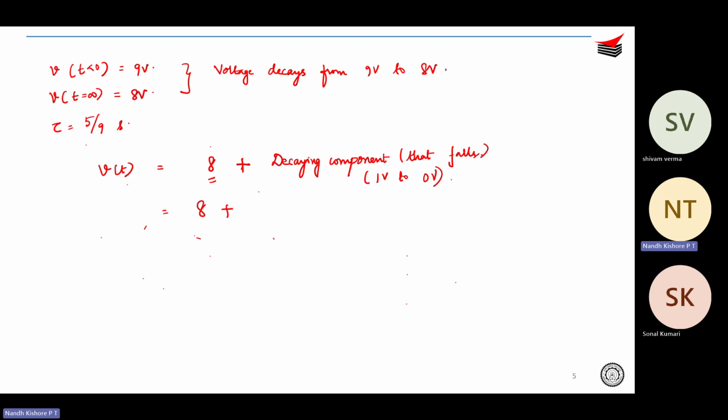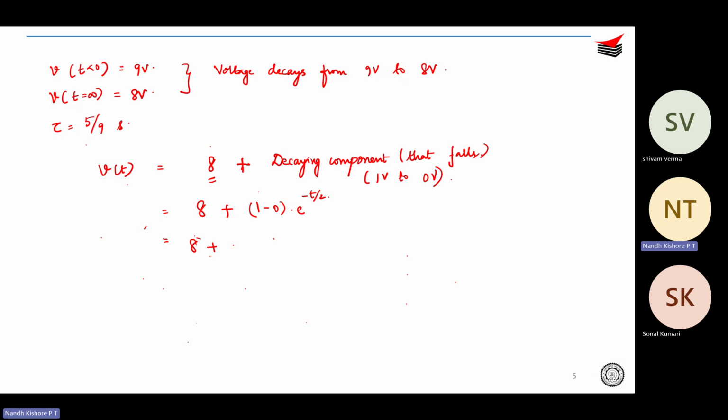So now you can easily guess what the voltage would be. 8 plus, it is falling from 1 to 0, so I can write this as 8 plus 1 into e power minus t by tau, right?